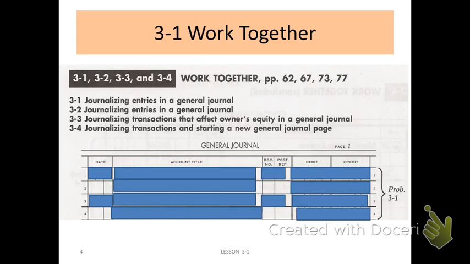So we're going to go through an example of how to journalize. We're going to deal with 2 transactions today. They're relatively short. And you're going to be using the same paper for sections 3.1, 3.2, 3.3, and 3.4. So this is the first time we're going to be using the same paper for multiple sections in the same chapter. So the directions are on page 62 in your textbook.